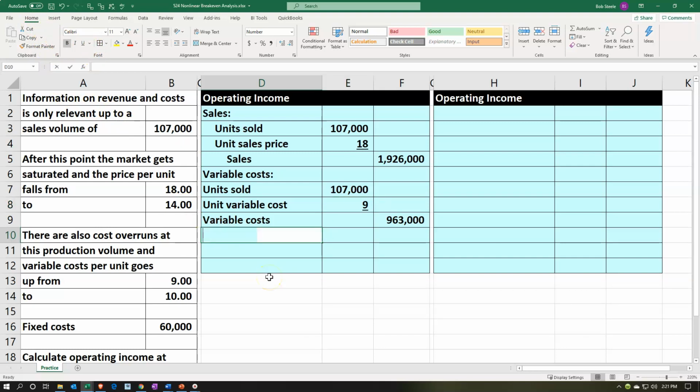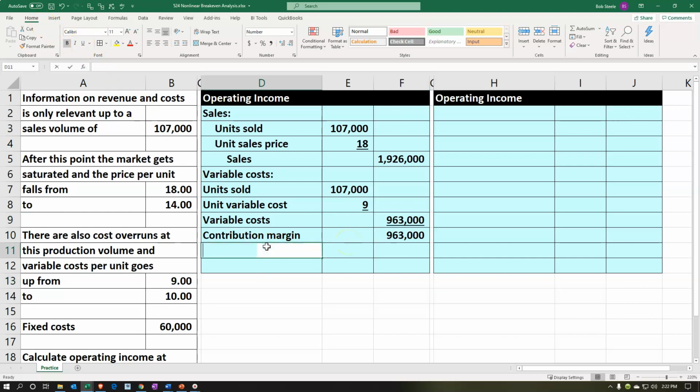That's going to give us then the contribution margin, which is going to be equal to the total sales minus the total variable costs. Let's put an underline under the variable costs here, where we're going to go to home tab, font group, and underline.